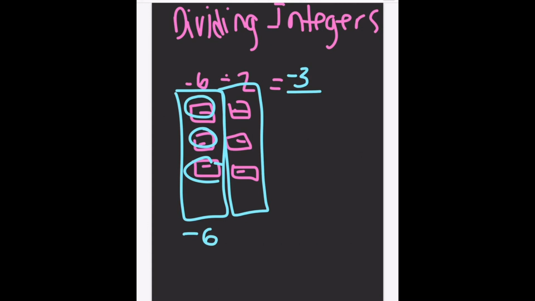If I had -6 divided by -2, that's the opposite of -6 divided by +2. So the opposite answer of -3 is going to be 3. It doesn't really make sense until you know these rules.